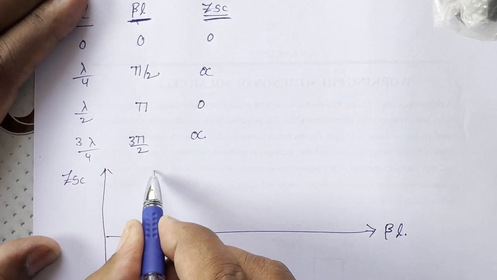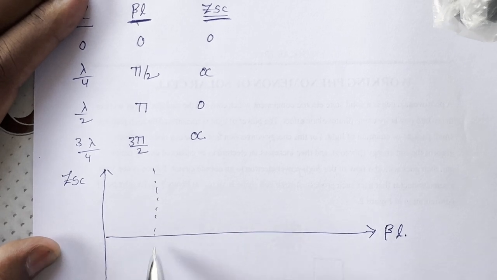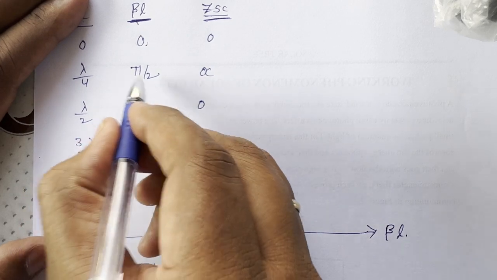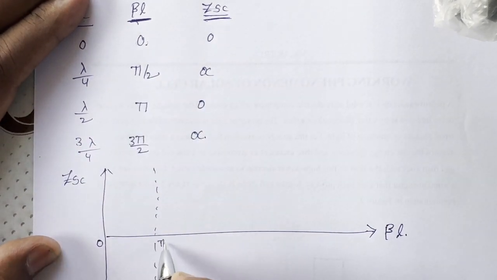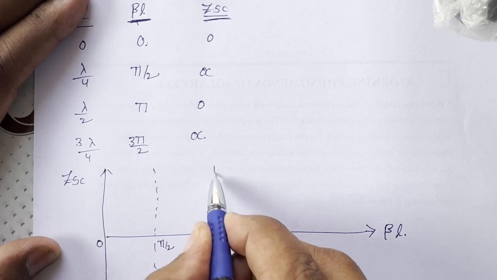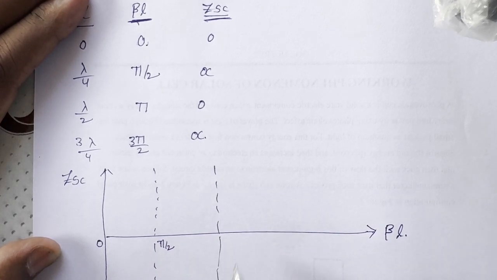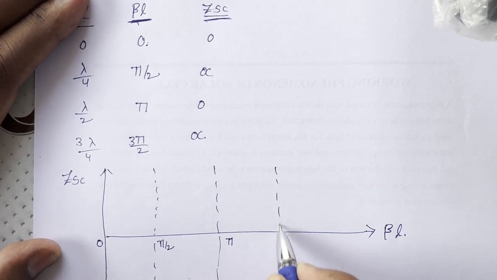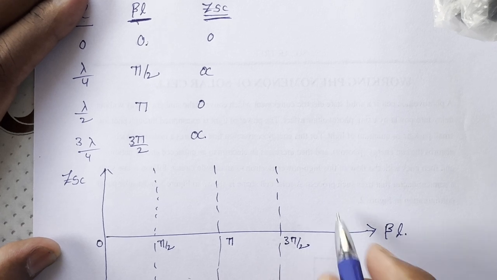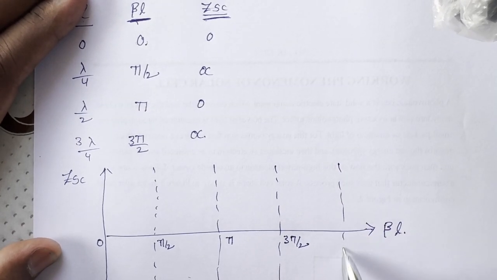Now I am letting the beta L range. Initially it is 0, the next value is pi by 2, the next value is pi, the next value is 3 pi by 2, and so on. The next value becomes 2 pi.